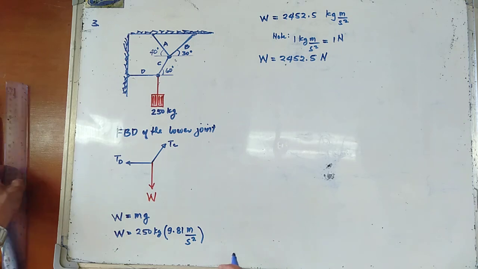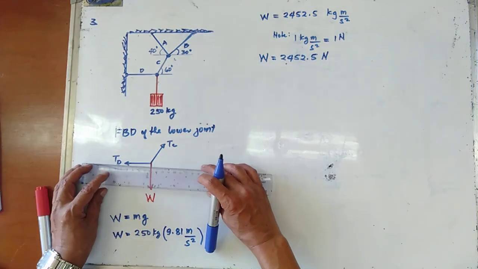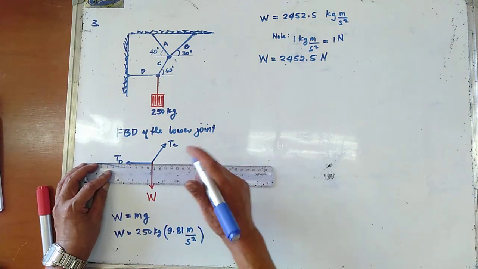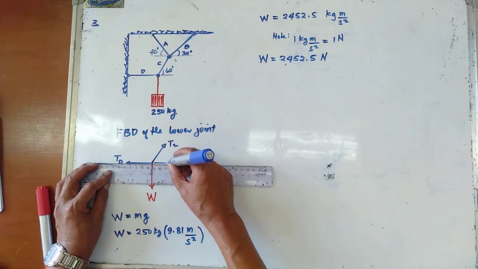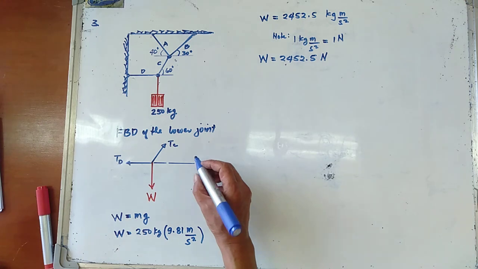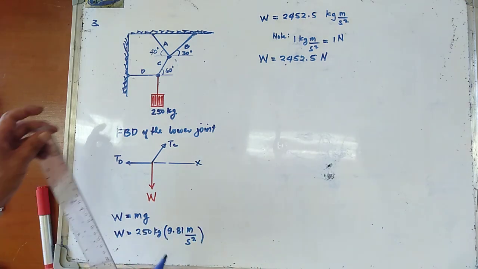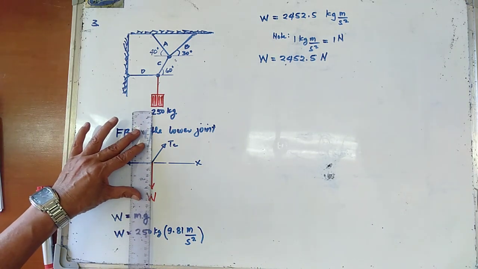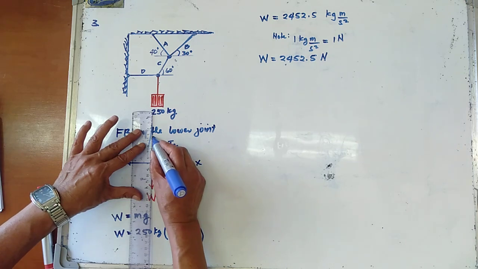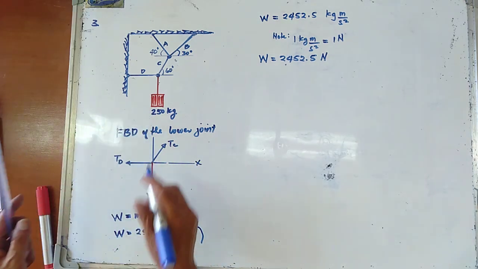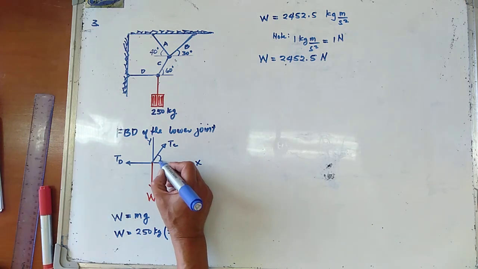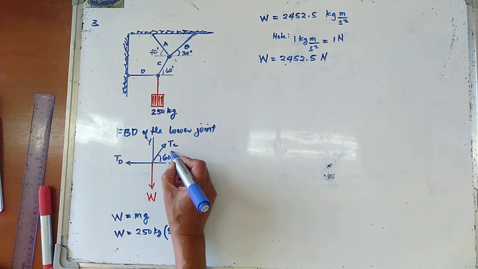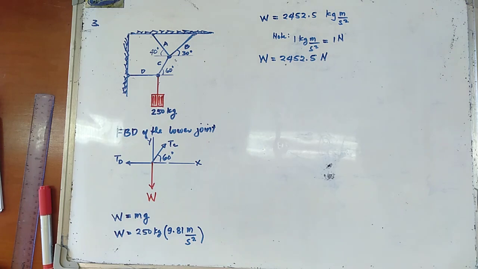Knowing the value, let us apply our equilibrium equation. I'm going to consider this one to be the x-axis and this one in here the y-axis. So that is equal to 60 degrees.